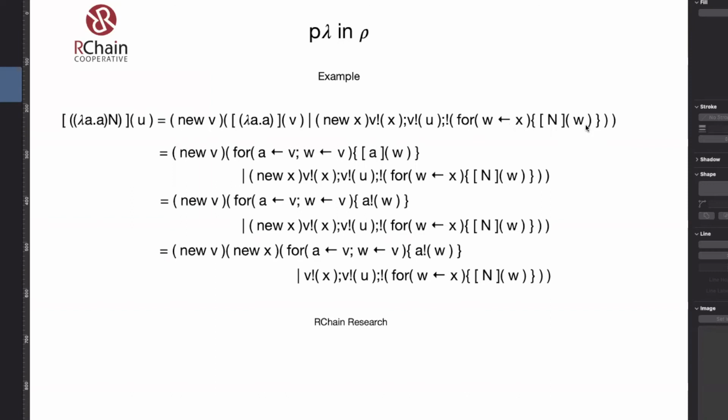The first thing is that we can go ahead and evaluate this. That's going to be listening for a on v, listening for w on v, and then evaluating a using w. Let's just double check that, right?